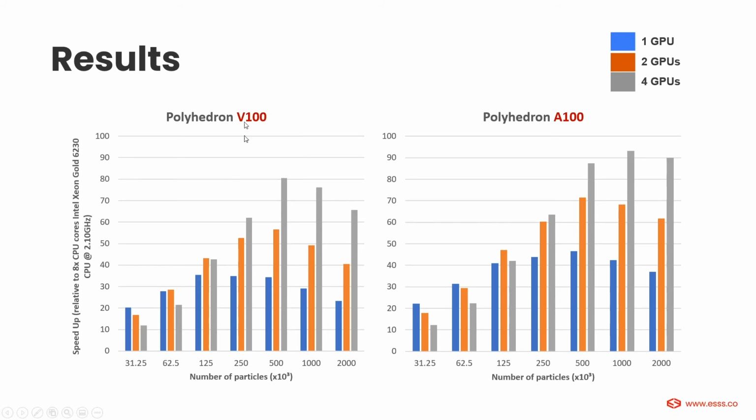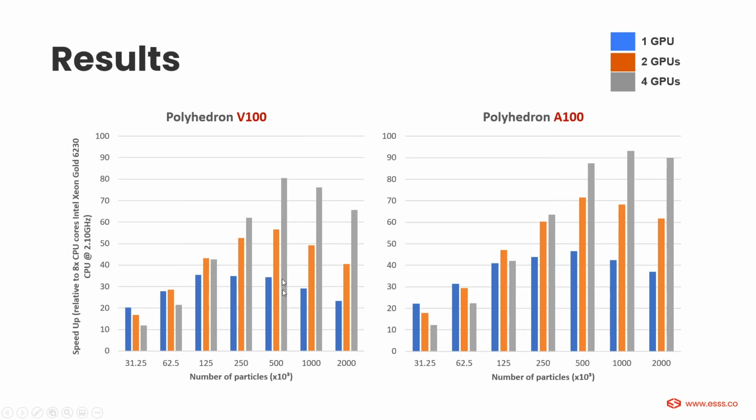So as you can see, let's start with the V100. For small particle counts, we actually degrade performance if we increase the number of GPUs. So 1 GPU is faster than 4 GPUs, and as we increase the problem size, this scenario switches, and the 4 GPUs start to shine, with their top performance happening at about 500,000 particles.